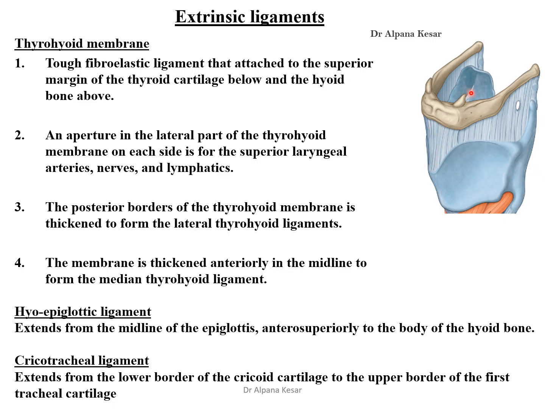Hyoepiglottic ligament extends from the midline of the epiglottis to the body of the hyoid bone. Cricotracheal ligament extends from the lower border of the cricoid cartilage to the upper border of the first tracheal ring.